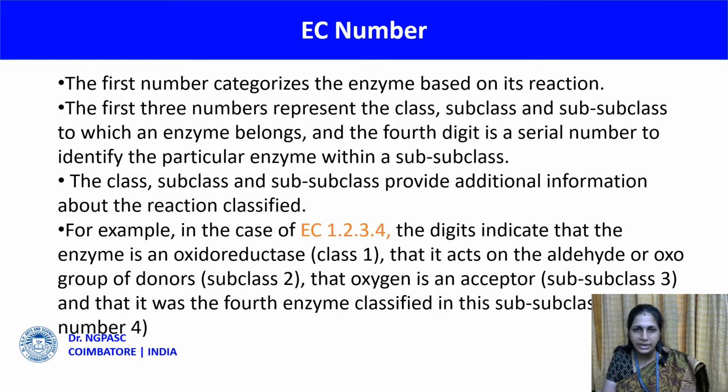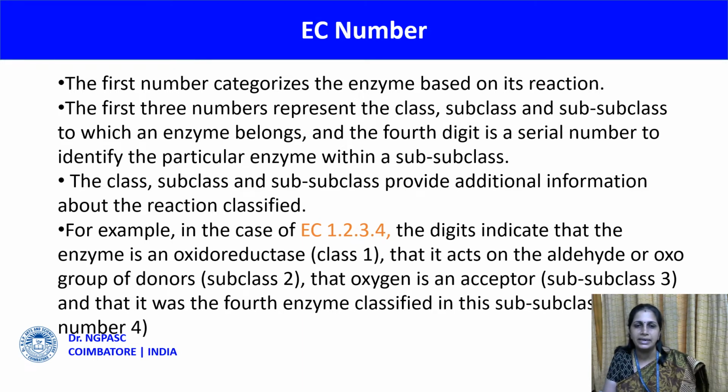The first 3 digits of this EC number represent the class, subclass and sub-subclass to which an enzyme belongs, and the fourth digit is a serial number to identify the particular enzyme within a sub-subclass. The class, subclass and sub-subclass provide additional information about the reaction that is catalyzed by the enzyme.